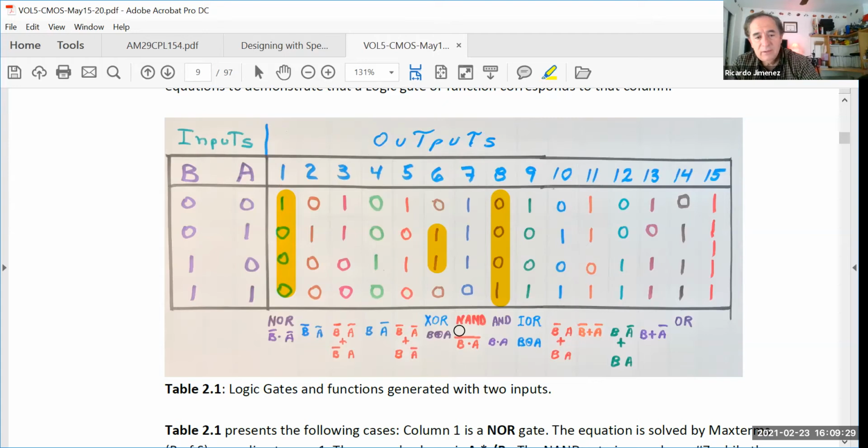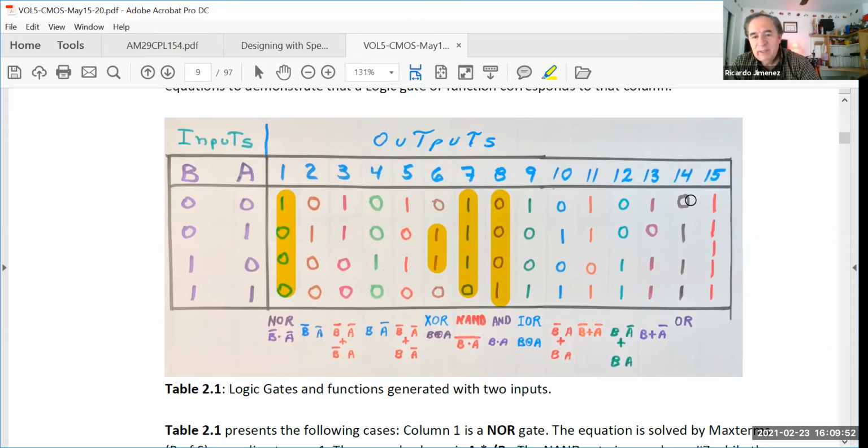The NAND gate, also known as NOT AND, is the opposite. So you see 0 and you have a 1, 0, 1, 0, 1. So it's the opposite. The NAND gate detects when both inputs are 1 and the output will be 0. When they are different, the output will be 1.